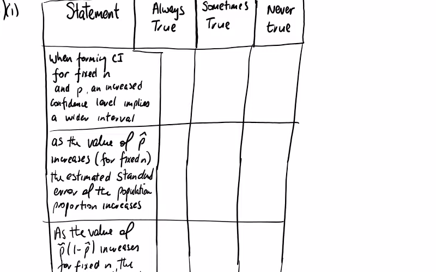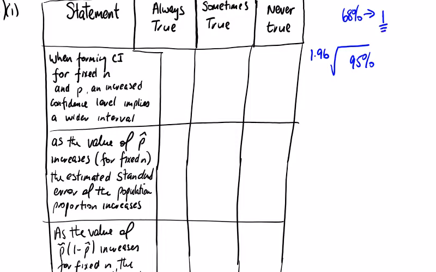The first one is when forming a confidence interval for fixed n and p-hat, an increased confidence level implies a wider interval. Well, we've seen already multiplying 1.96 by this square root. This is 95%, the 1.96. For a 68% confidence interval, if we go to our Z-score table, we'd have to look up where there's 16% in each tail, which is actually just 1.